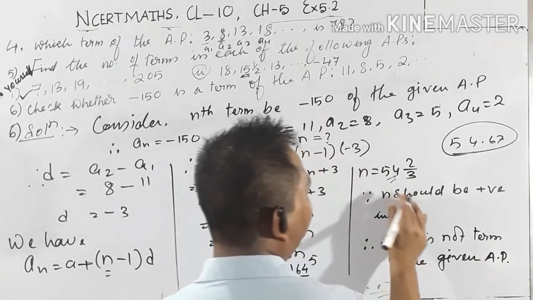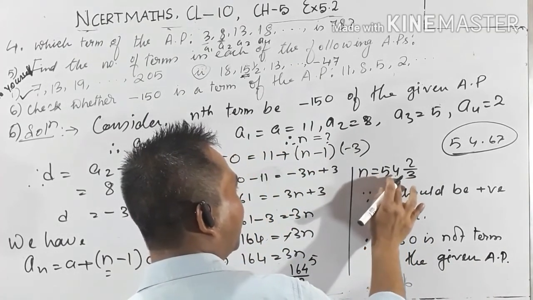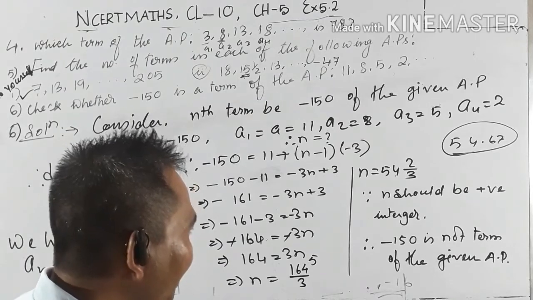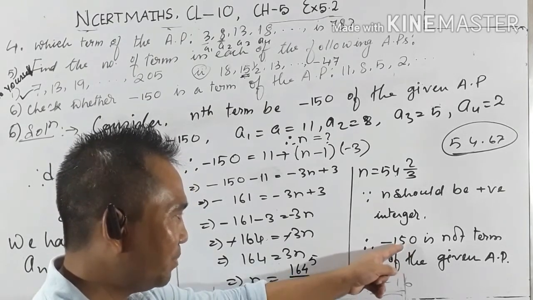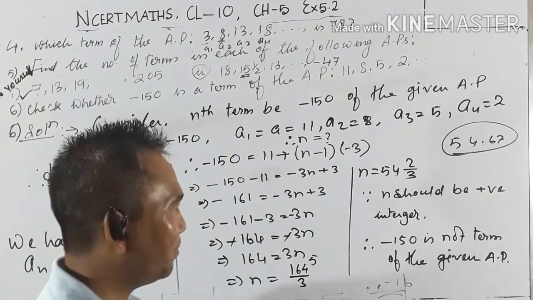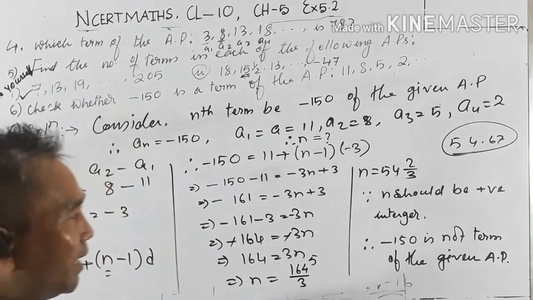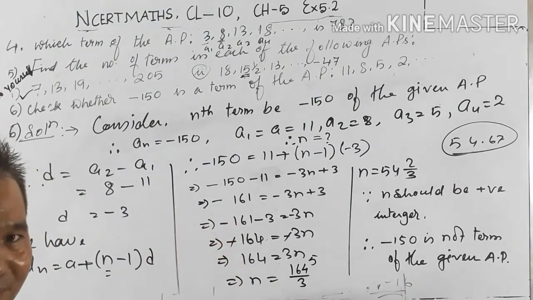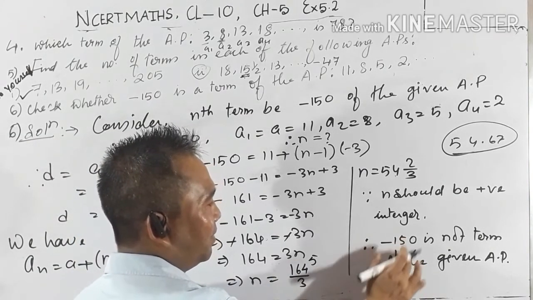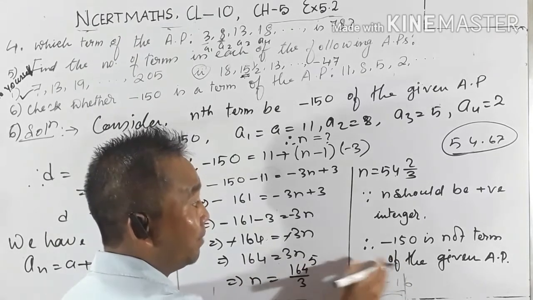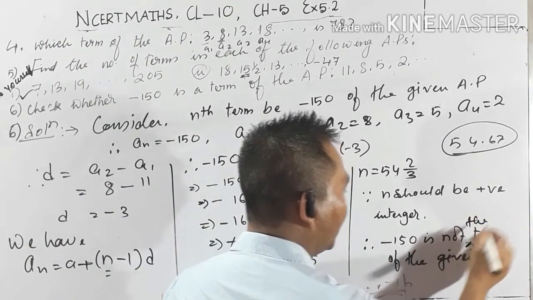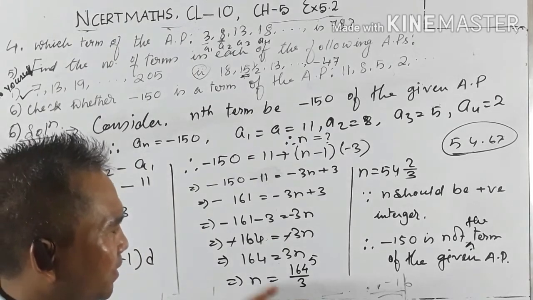If minus 150 is a term of the given AP, then n must be a positive integer.